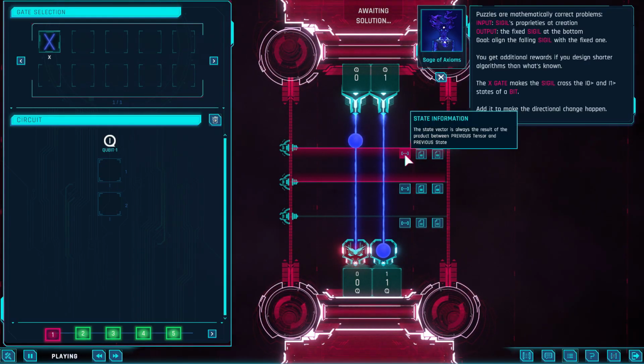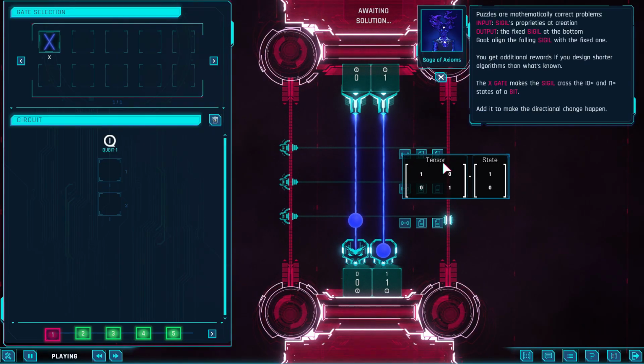If you click here to give us state information, the state information comes from a multiple of the tensor and the incoming state. The output from this equation gives us the outcoming state at the next moment down in the timeline.